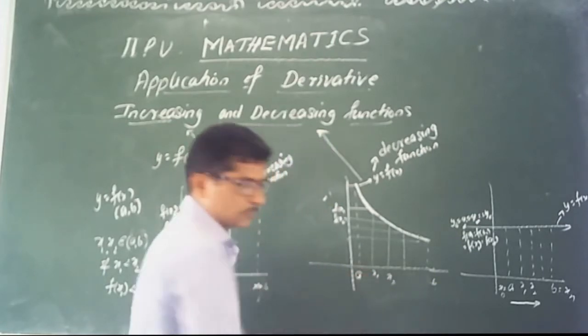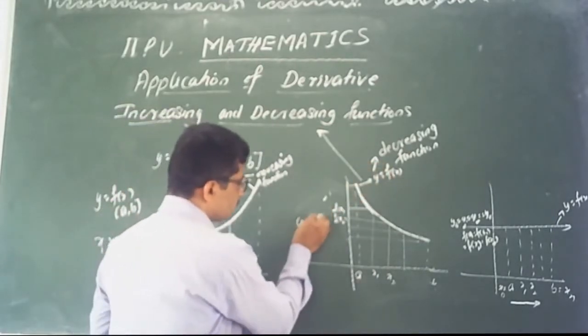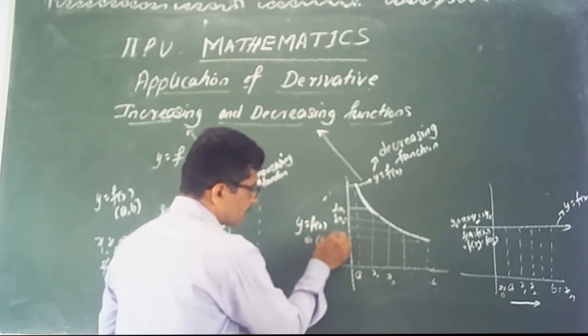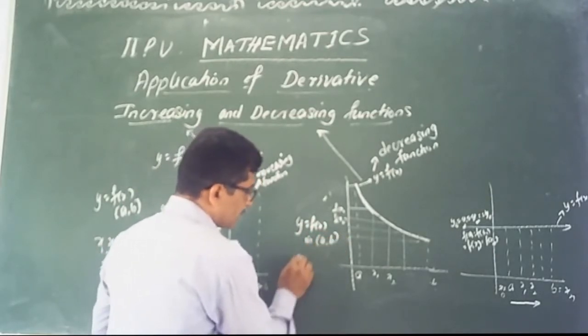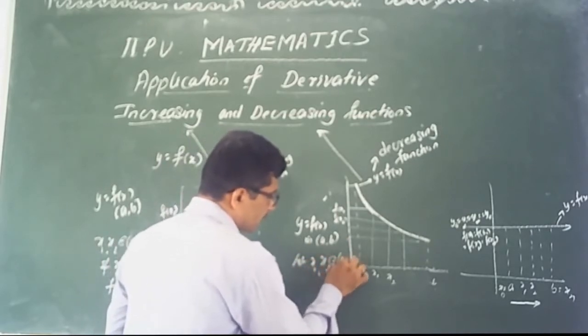Here also you can say that y equals f of x is a real valued function defined on the closed interval or open interval a to b. You take x1 and x2 as any points in the interval a to b.